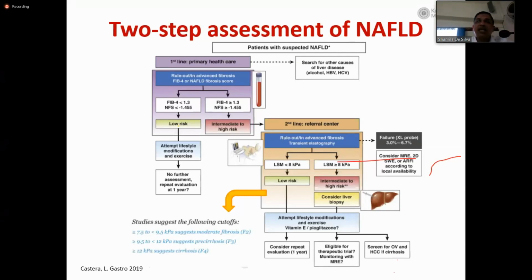If they are indeterminate or high risk, we will apply the second line imaging-based fibrosis assessment in a referral center like ours, and we will do a FibroScan to rule in or rule out significant fibrosis. If we rule out, then again they are low risk and can be managed. If they are high risk, they will go into specialist management and maybe even liver biopsy. The LSM cutoffs quoted here are a little bit controversial.